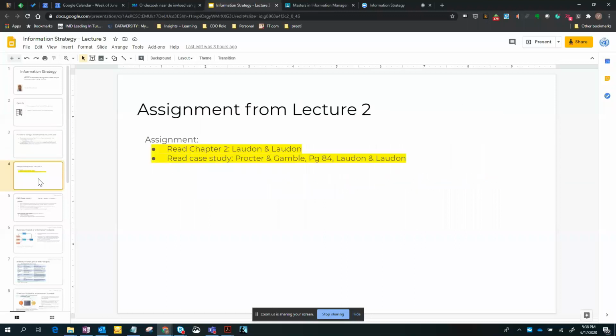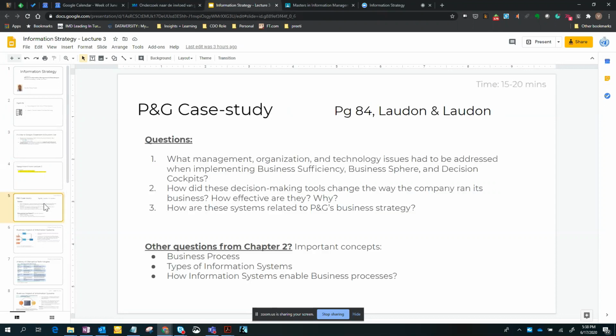Okay, then let's go first into the assignment from last time. That was about Procter and Gamble. Procter and Gamble is a company that makes consumer products, and there were some questions around how the information systems strategy that they have had is changing their business or not changing their business.